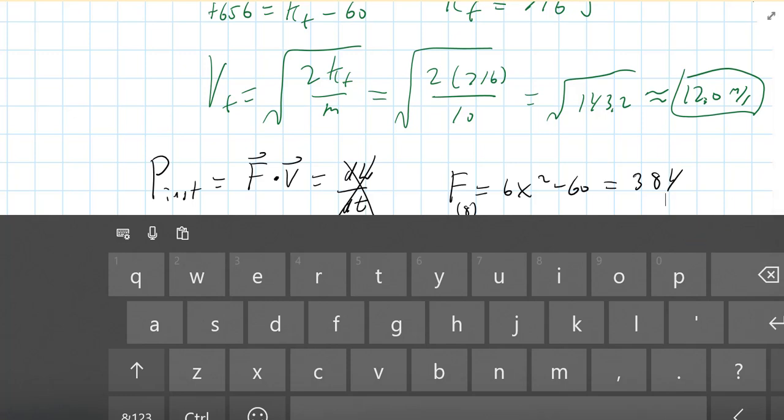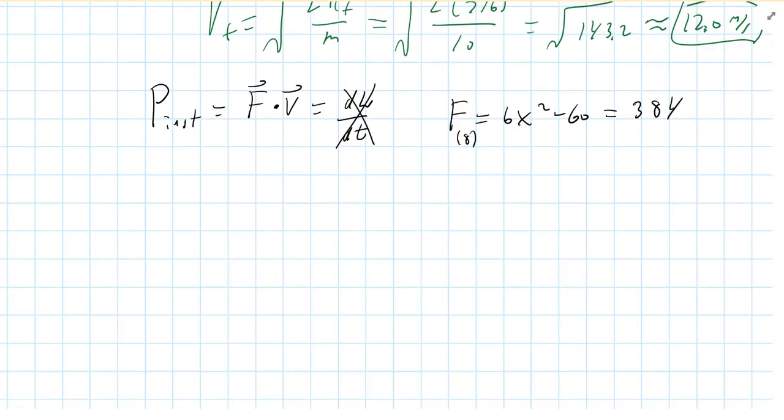Okay, hold on one sec. All right, got that cleared up. Anyway, we're plugging in 8 meters to figure out what's the force at that 8-meter mark. So I get 384 minus 60, which is 324. So that's my force in newtons.